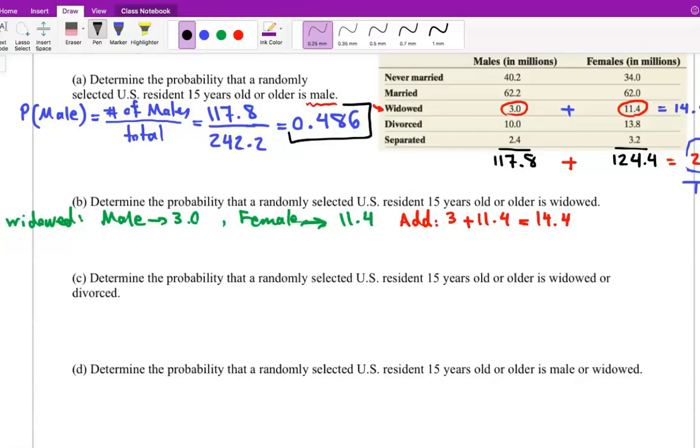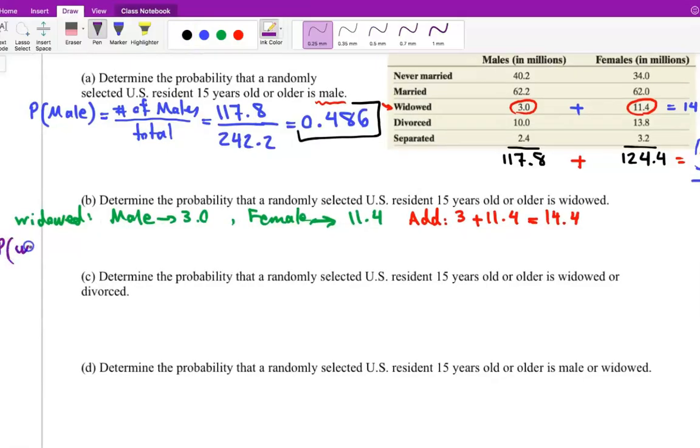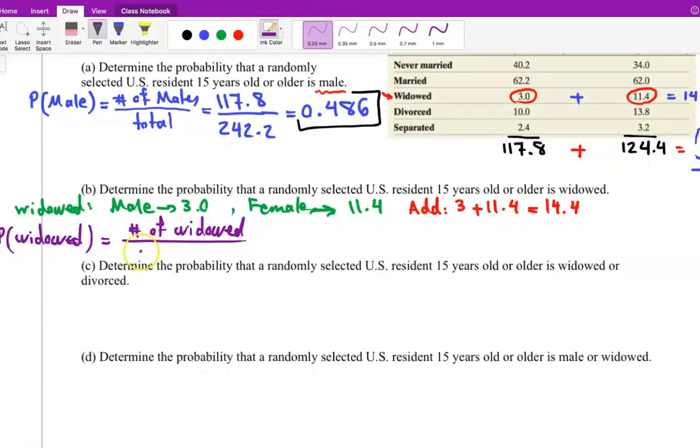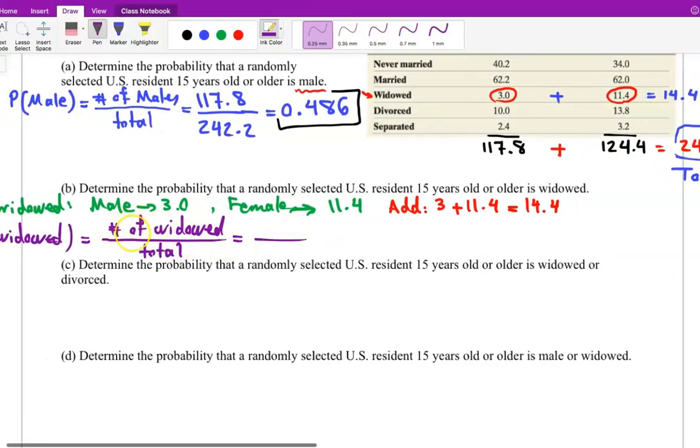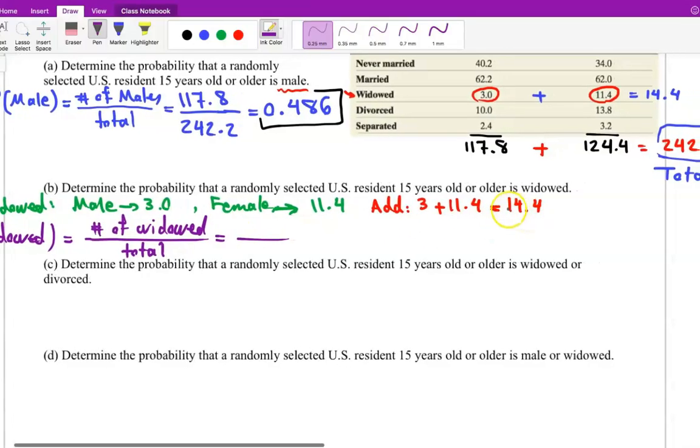Now finding the answer. Okay, so in total here on top, number of widows we have 14.4.